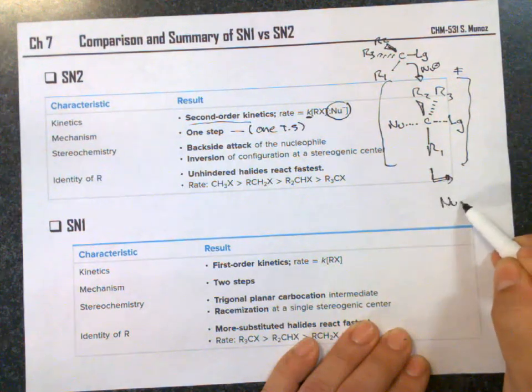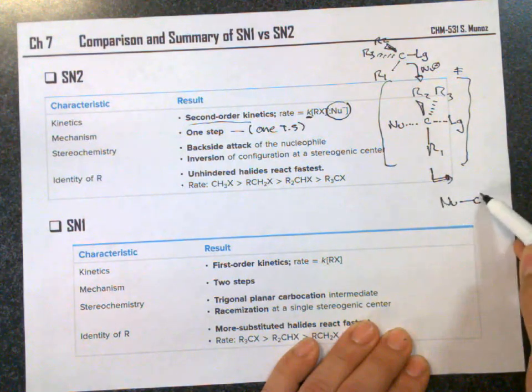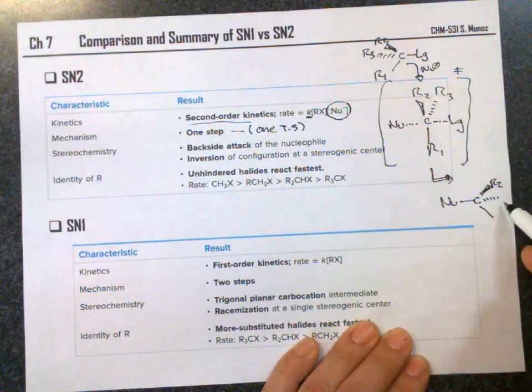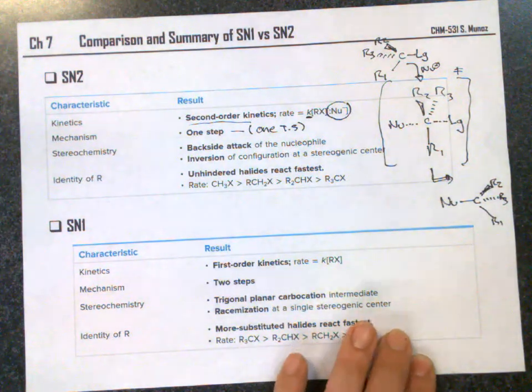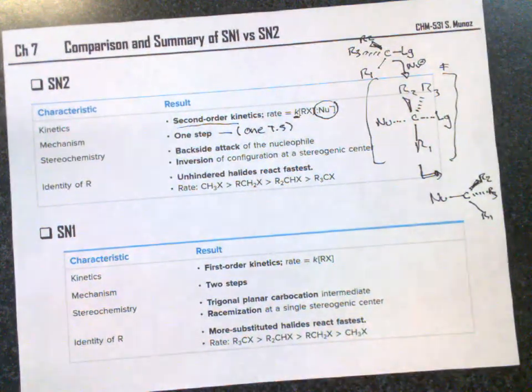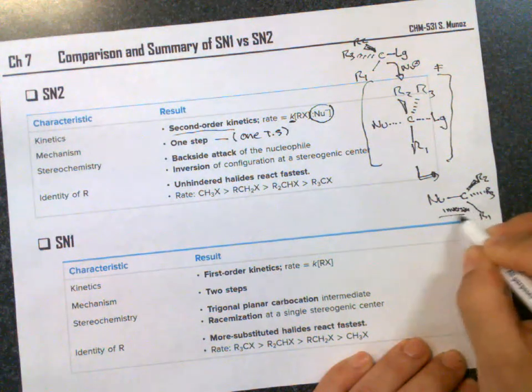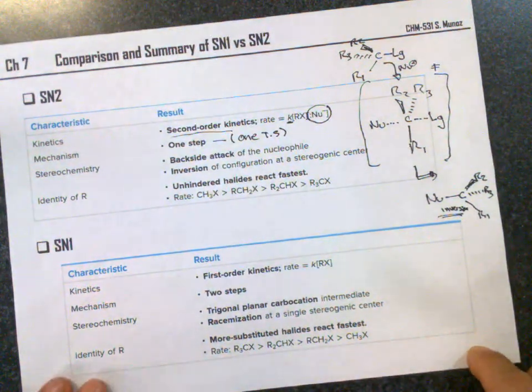Now your nucleophile is here, carbon, R2. What is on the back? Perfect. You've got to practice flipping umbrellas. So this is inversion of configuration. This is inversion. And it's a direct result of backside attack.